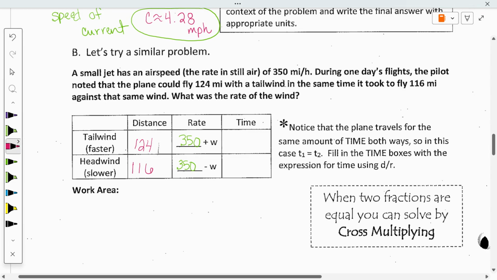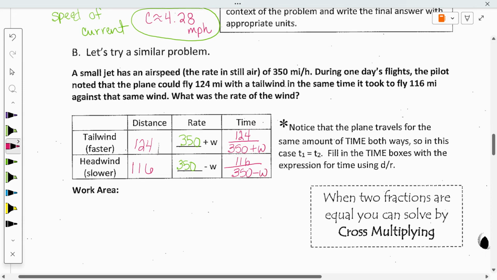Okay, so let's see. I know that D equals R times T, but T equals D divided by R. So my time is D divided by R. My time is D, 116, divided by R. Okay.